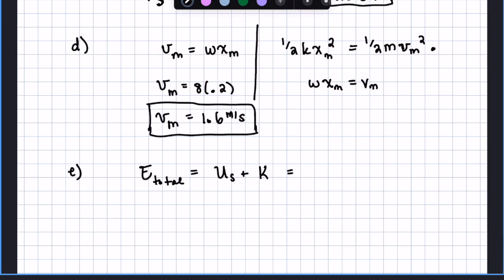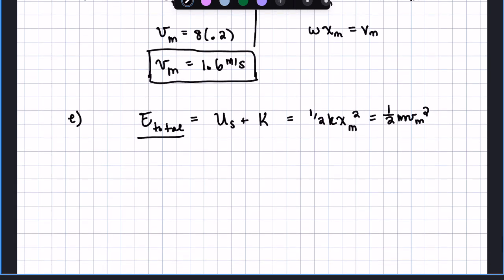At least at one point in time, the total energy will be all in the form of either potential energy or kinetic energy. So if we can find the maximum spring potential energy or the maximum kinetic energy of our mass, that would give us our E total. We could use either; it's really a matter of preference, the 1/2 kx squared or the 1/2 mv squared.